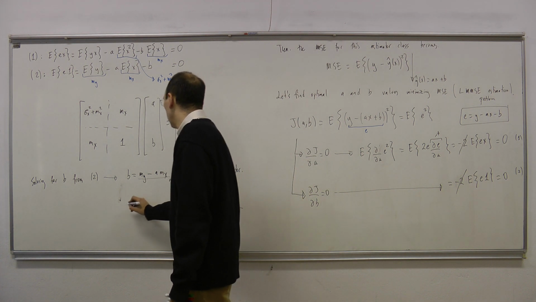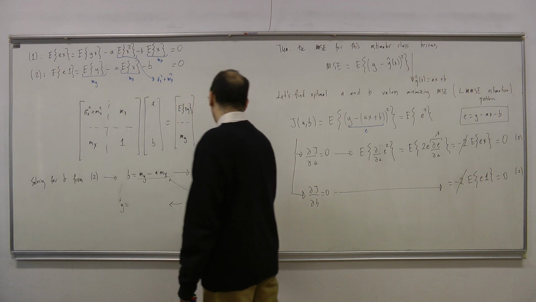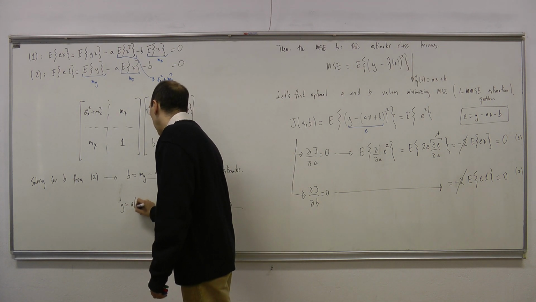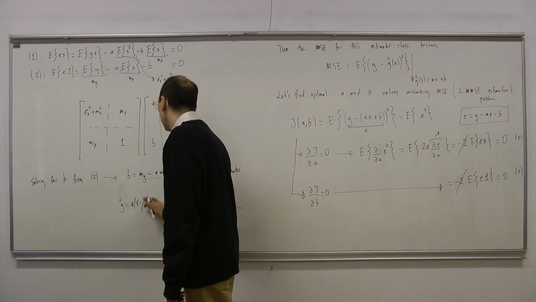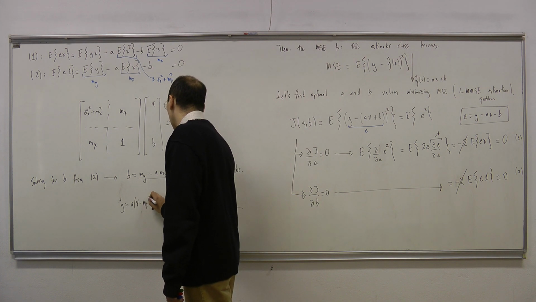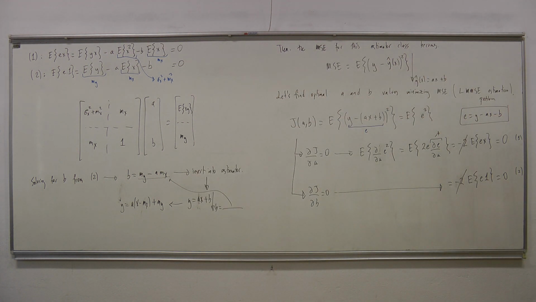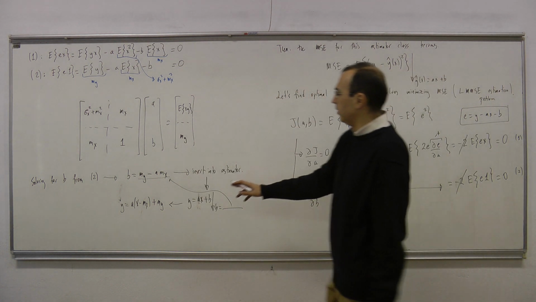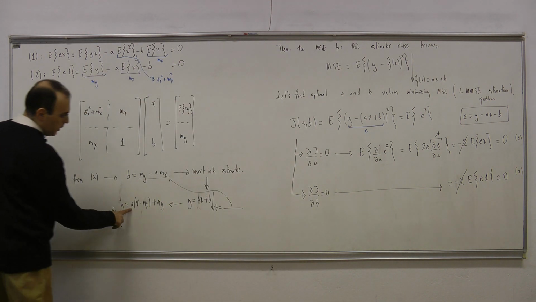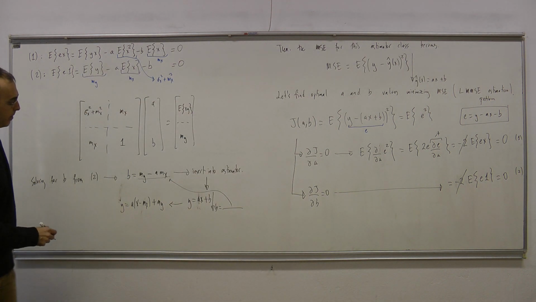We get y is equal to a times (x minus mx) plus my. Okay. So as you see, I get rid of b. So only one variable is left, a.